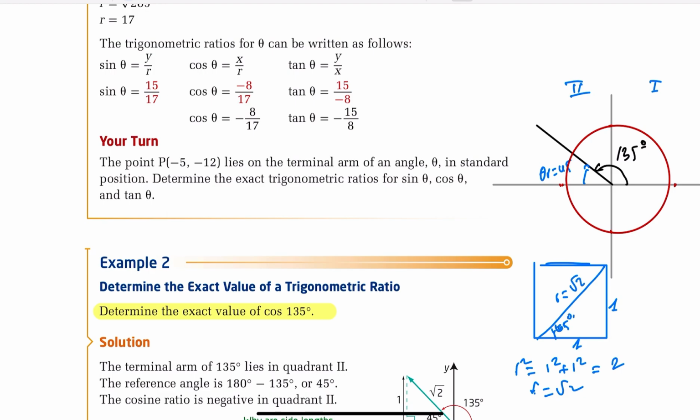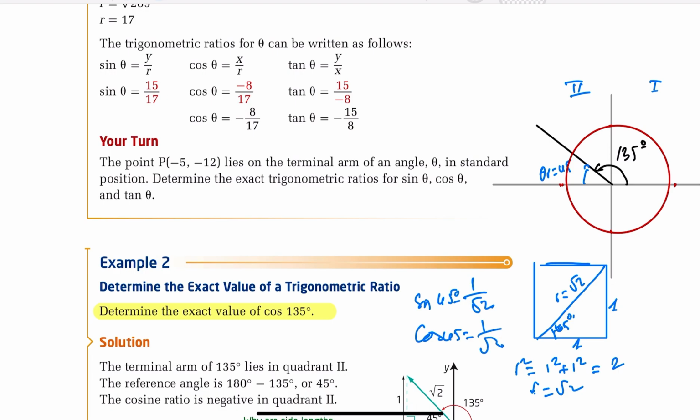So the sine of 45 degree is the opposite divided by the hypotenuse, which is 1 over square root of 2, and the cosine of 45 is the same thing, 1 over square root of 2.